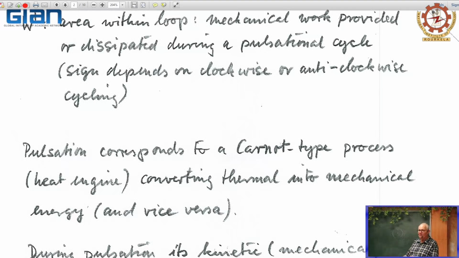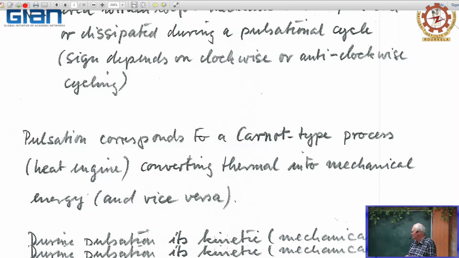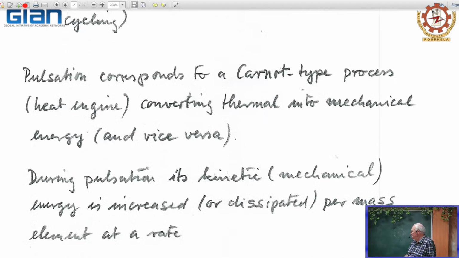So we would like to know how big this is for a given mass element at a certain position within the star. How big is this energy which is taken from the heat energy and put into mechanical energy, and thus put into kinetic energy of the pulsation?